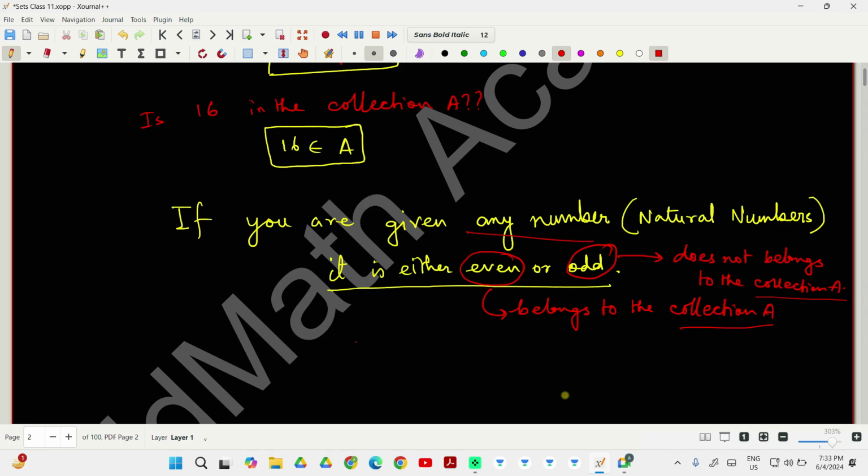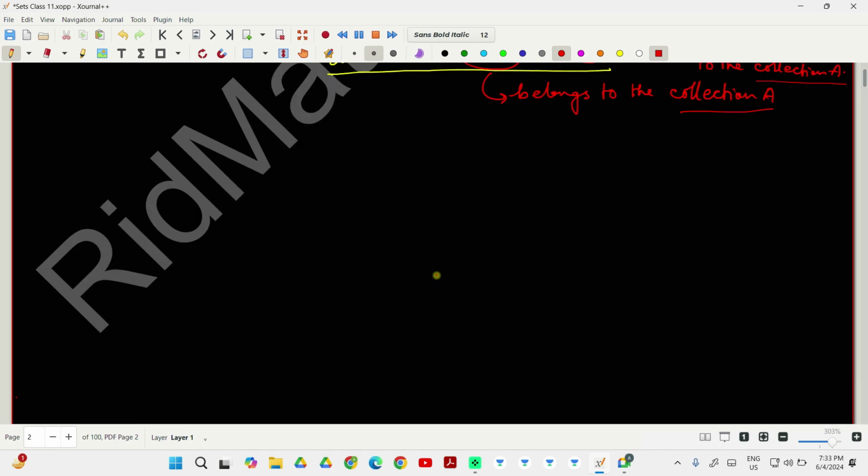So is there any ambiguity that if I give you any number, you cannot say whether it is in the set or not? There is no ambiguity, right? So this is a set. If there is not any ambiguity, then it is a set, because it is a well defined collection. Because it is a well defined collection, that is why the collection A is a set.